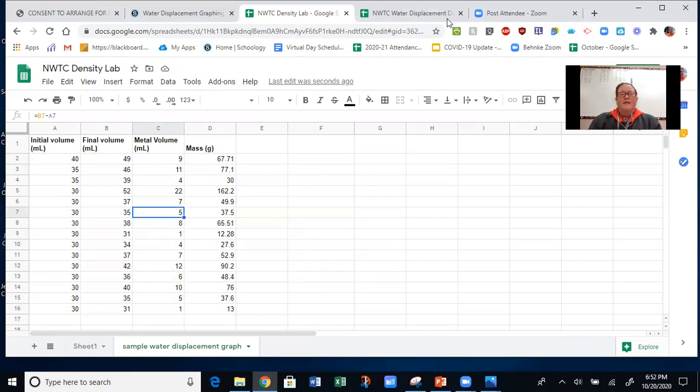All right, the next thing that we want to do, and this has something to do with graphs in spreadsheets in general, is for this activity, we want to make a graph of mass versus volume for a set of data that was collected just like this.